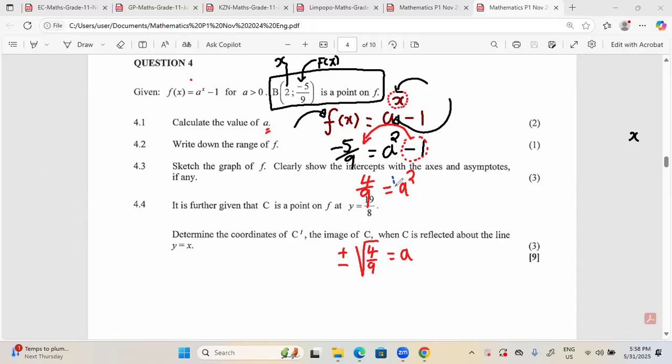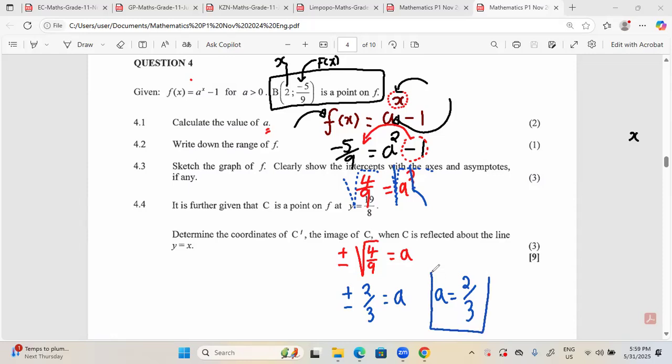On the right-hand side, the square root and the square cancel, so you are left with a. But this square root on this side will remain. So plus or minus, press this on your calculator, is 2 over 3 equals a. So what is the value of a? a is actually 2 over 3.